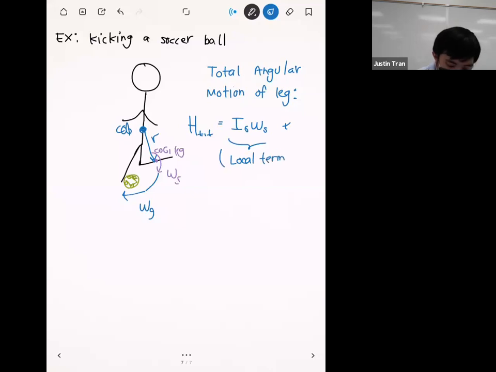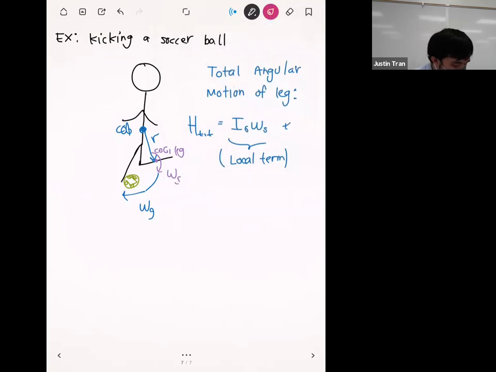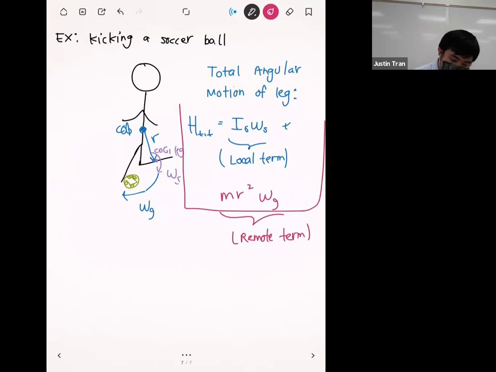And then to this, we're going to add m r squared times omega_g. This term right here is our remote term. And so the total angular momentum is the sum of them both.